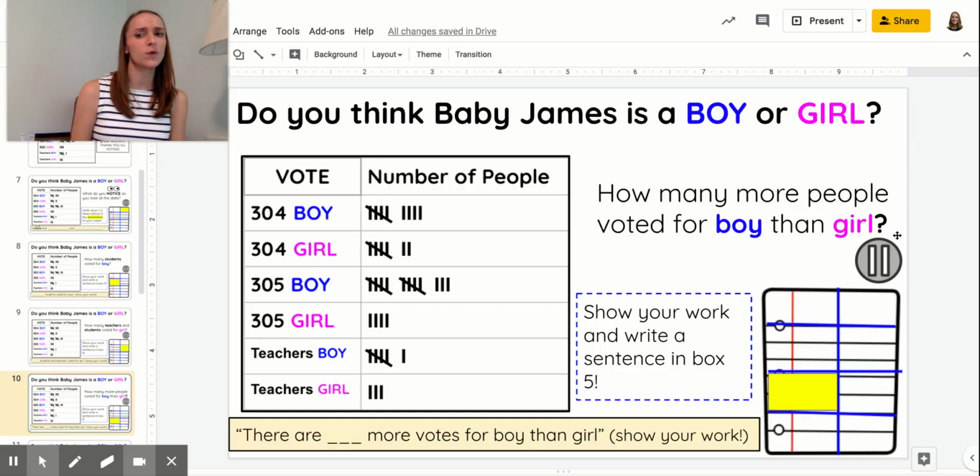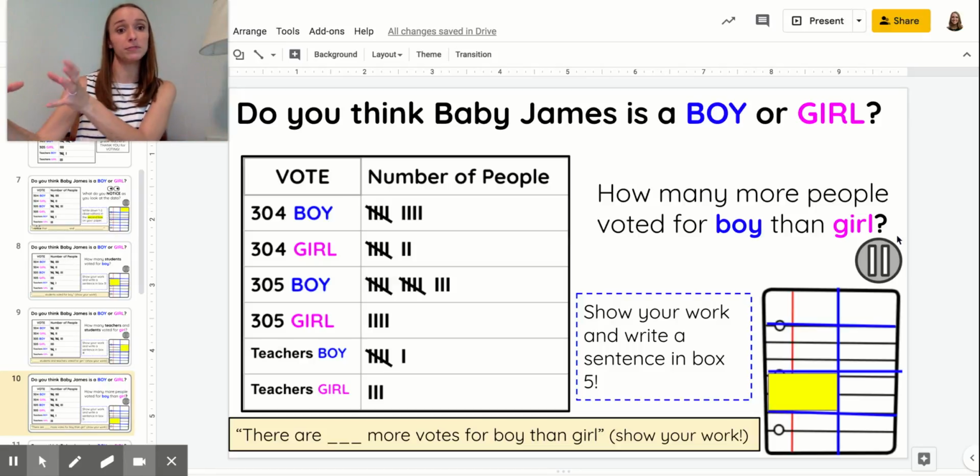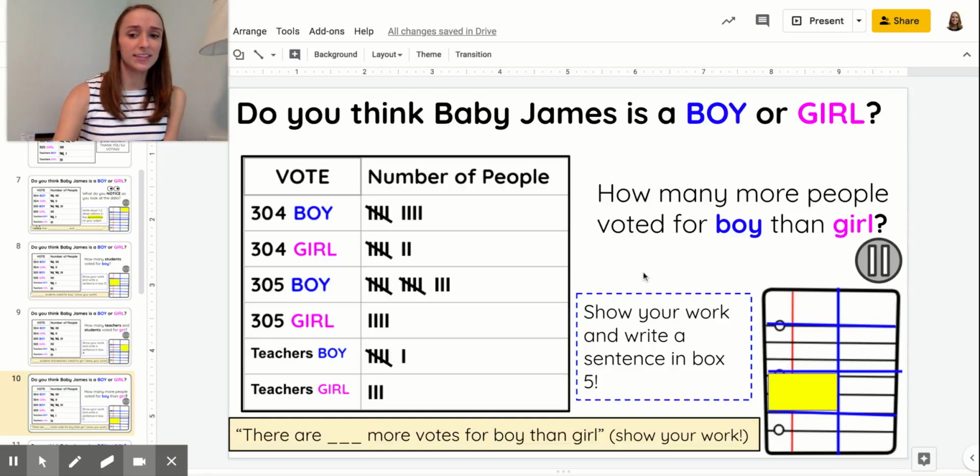Now, as I read this question, that lets me know that I have more boy votes than girl votes. More people voted for boy, fewer people voted for girl. But I want to know how many more people voted for the boy. Take a look at the tally marks. I want you to first identify how many total boy votes there are.